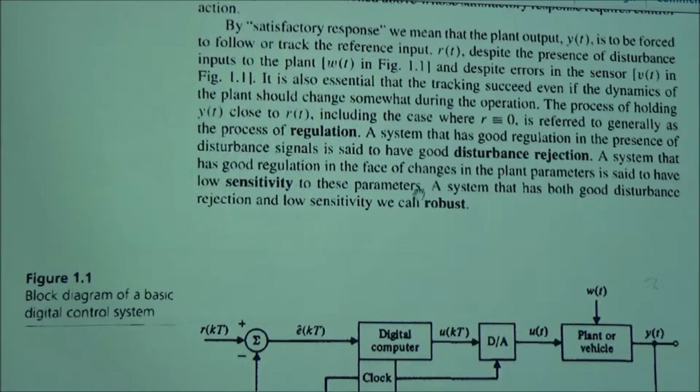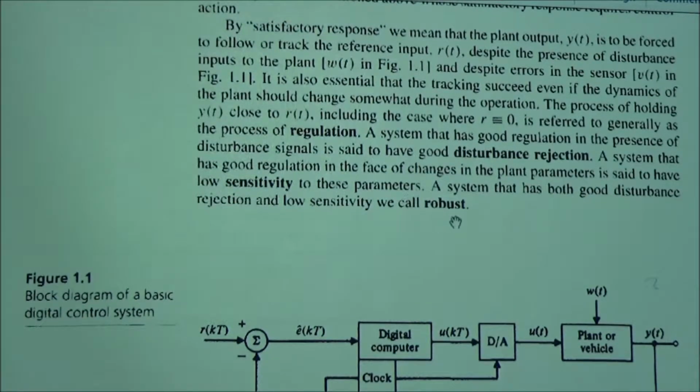Now, you may also face some changes in the plant parameters, and you want to know how those changes are going to affect the overall performance of the system. That concept is called sensitivity. Another issue that may not come very vividly here is you may have plant dynamics change, and the control computer has to still be good enough to do its job in spite of those changes.